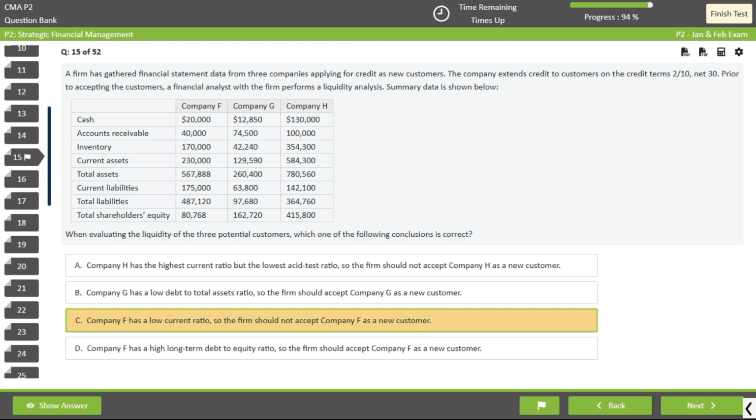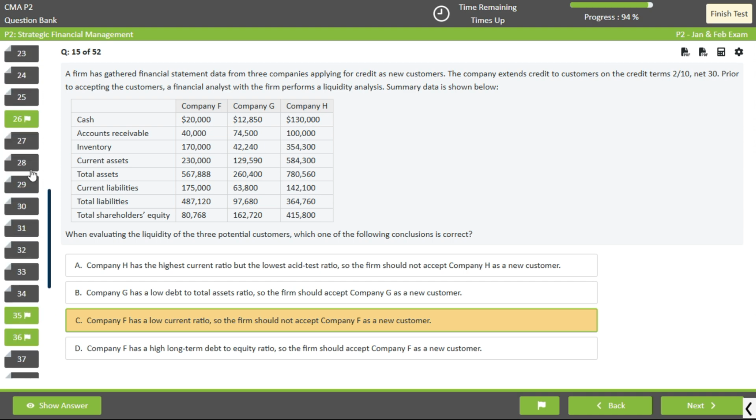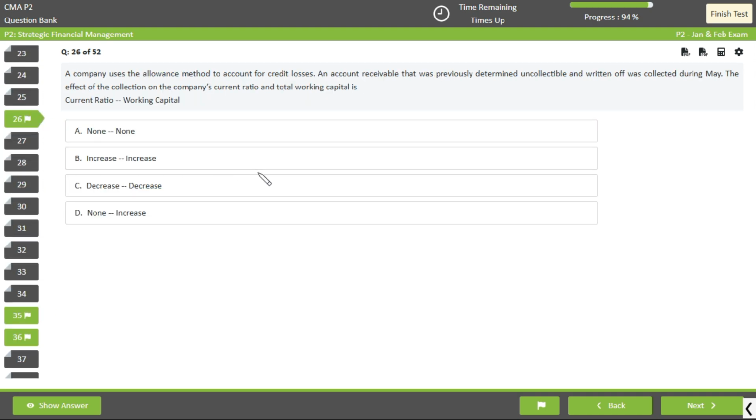Next, what do we have left? We have question number 26. A company uses the allowance method to account for credit losses. An accounts receivable that was previously determined uncollectible and written off was collected during May. The effect of the collection on the company's current ratio and total working capital is.